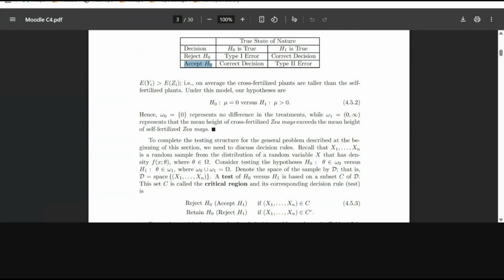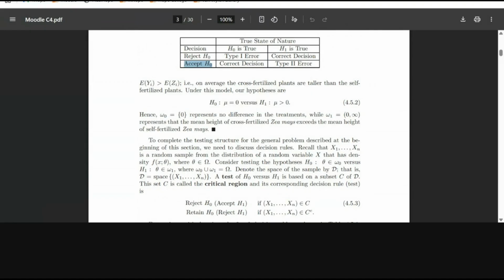So can you go one more step? When do you accept the null? What do you see in your data that will make you decide to accept the null? See, the rule is reject null if you see this.